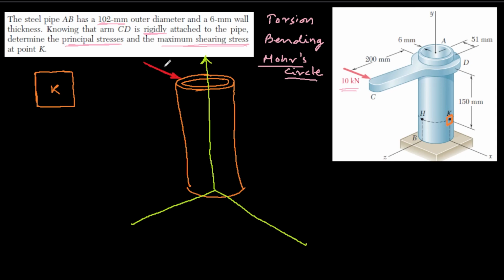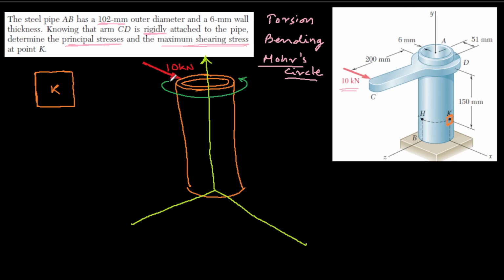But from the concepts of transferring forces, we will have a compensating couple acting here. It should equal the moment this force was earlier producing at this point. So this distance times this 10 kilonewton is the torque that was acting here, and we can show that here like this.